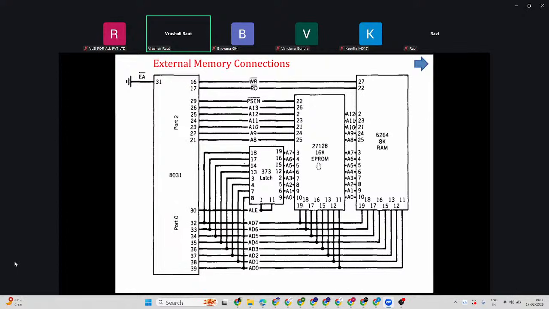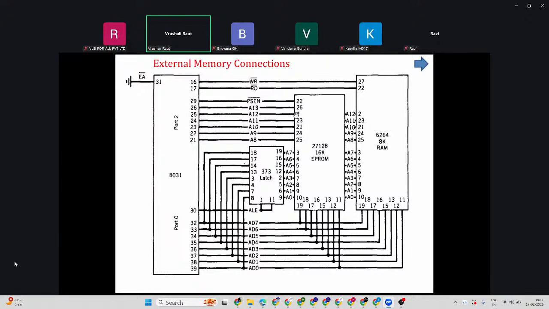How many bits of address are required? 16 bits, because it is 16K, so more than 8 bits are required. Out of it, 8 bits come from port 0, and the remaining bits come from port 2.